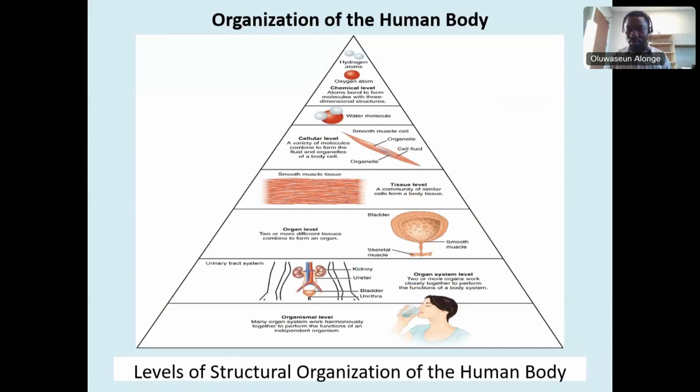You have mitochondria, you have the Golgi apparatus, you have peroxisome, you have lysosome, ribosome, endoplasmic reticulum. All of those are organelles. Then you're going to have cells. All right, cells. You have red blood cells, you have white blood cells, you have smooth muscle cells, you have nerve cells, the neurons. All right, so all of those are cells.